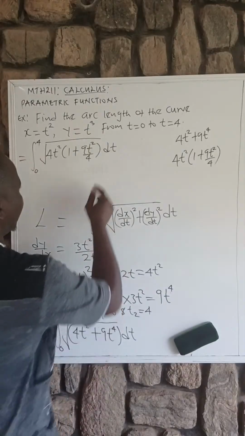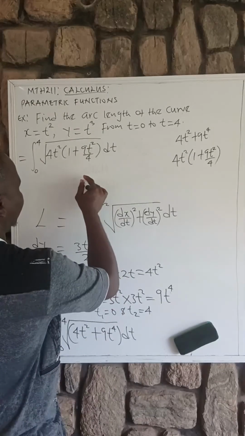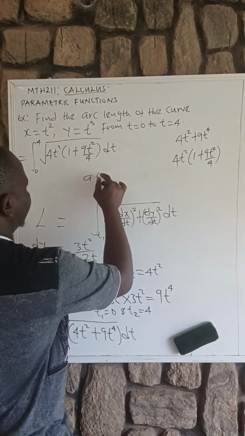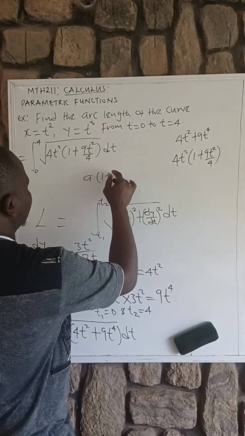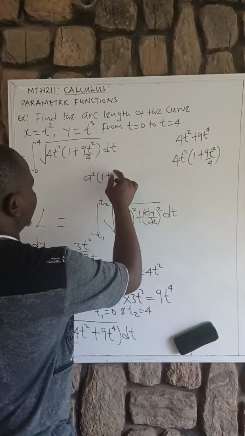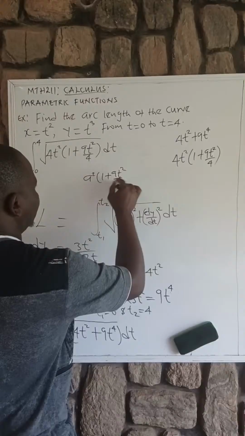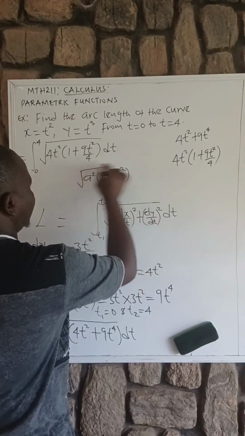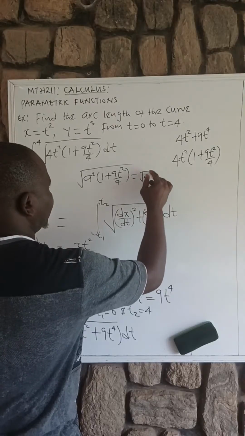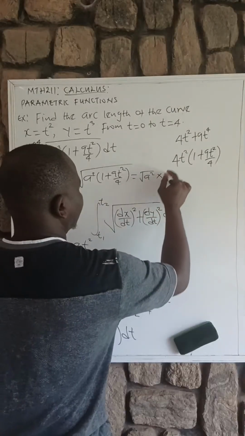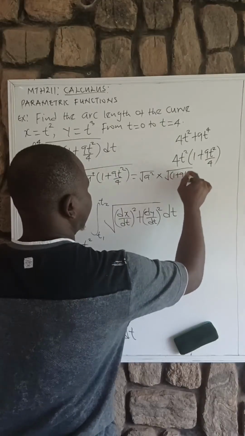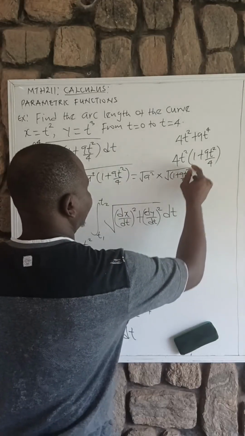So look at what I want to do. Let's just say 1 plus 9t squared all over 4, all in square root. This is the same thing as the square root of 4t squared times the square root of 1 plus 9t squared all over 4.